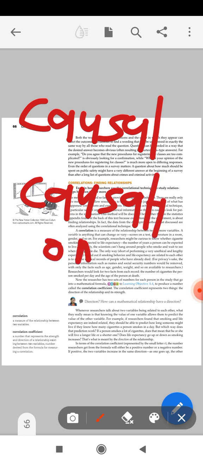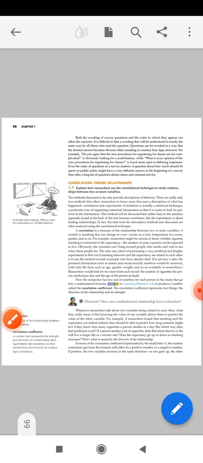Why? Suppose you have the results of your study, that smoking leads to less life expectancy, meaning it's a negative correlation. Can you say that your life expectancy decreased due to smoking, because of smoking? No, that will be wrong.